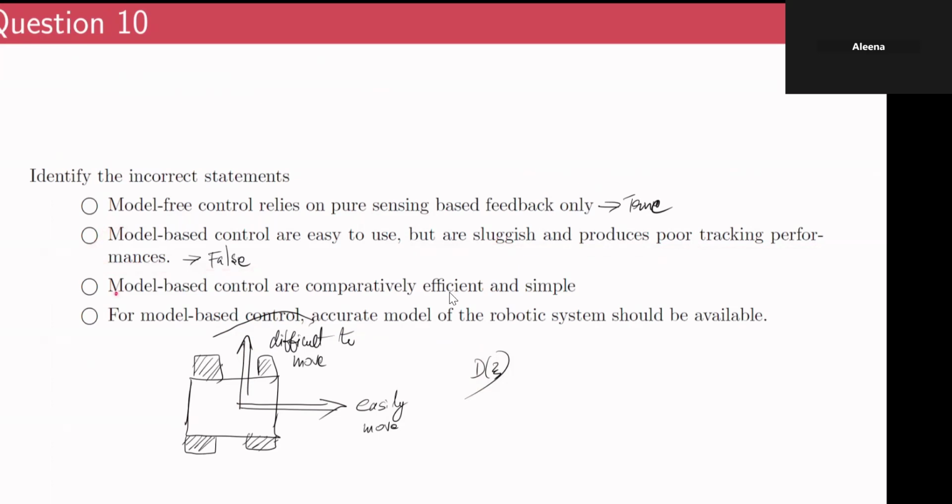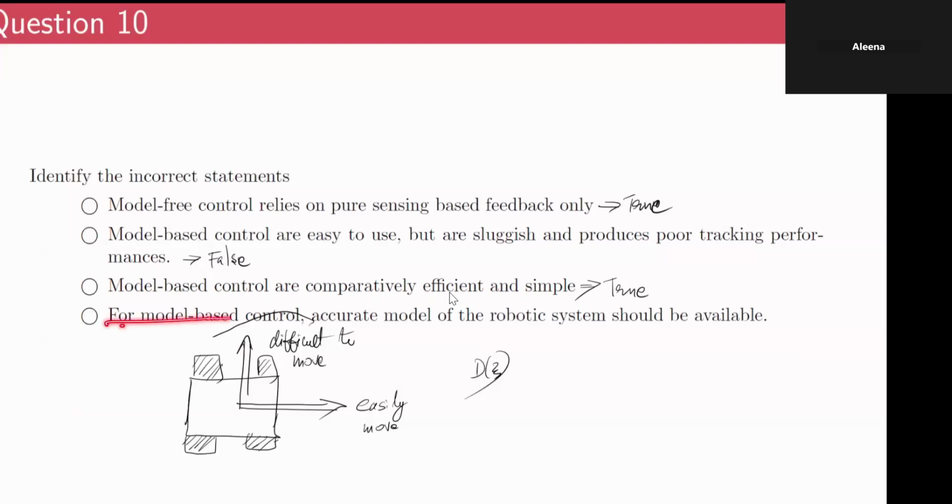And the third statement is: model-based control laws are comparatively efficient and simple. Yes, they are indeed efficient. So that is indeed true for question 10. And the fourth option is: for model-based control, accurate models of the robotic system should be available. Right?